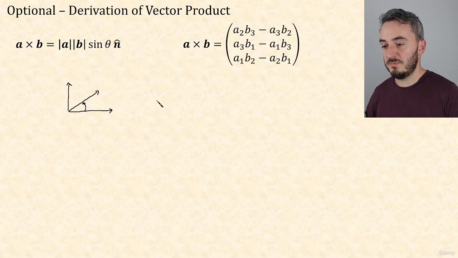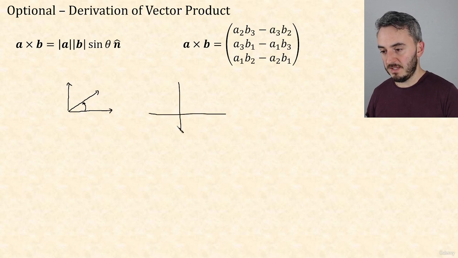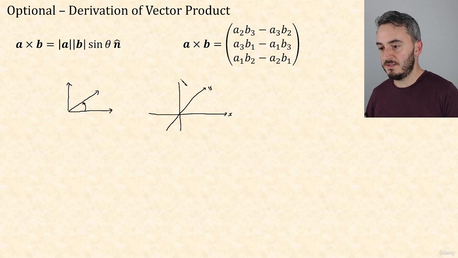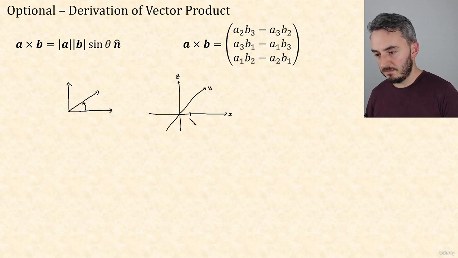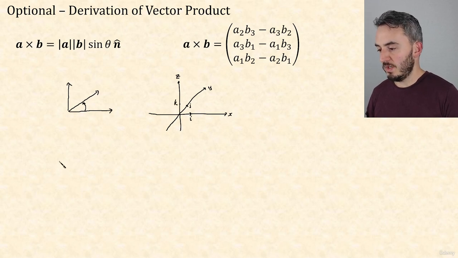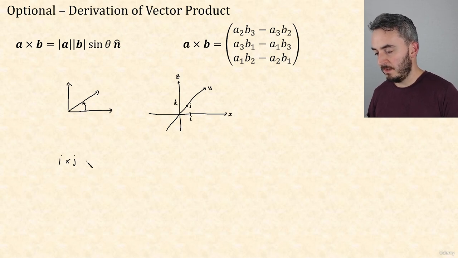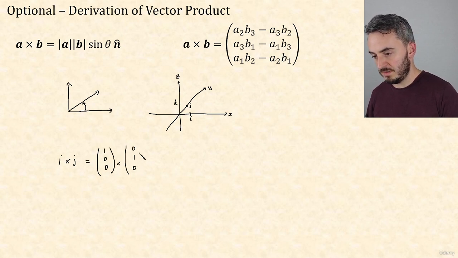Well, we can just see that it works by looking at basis vectors. So let's take our standard coordinate axes: there's the x-axis, there's the y-axis, there's the z-axis. Well, there's your right-hand rule anyway, from x to y up to z. And think about the vector i, which is here, the vector j, and the vector k. Well, what is i crossed with j? Well, using this definition here, that is the vector 1, 0, 0 crossed with the vector 0, 1, 0.